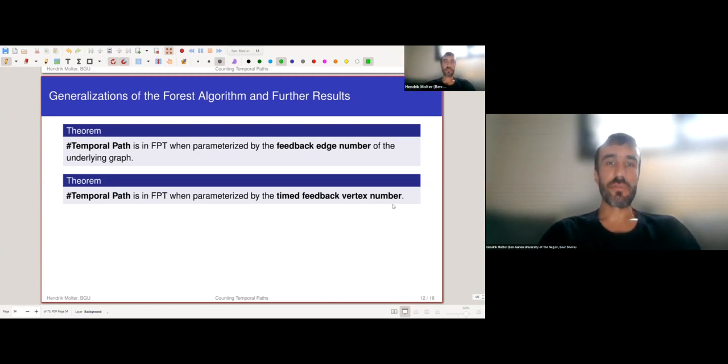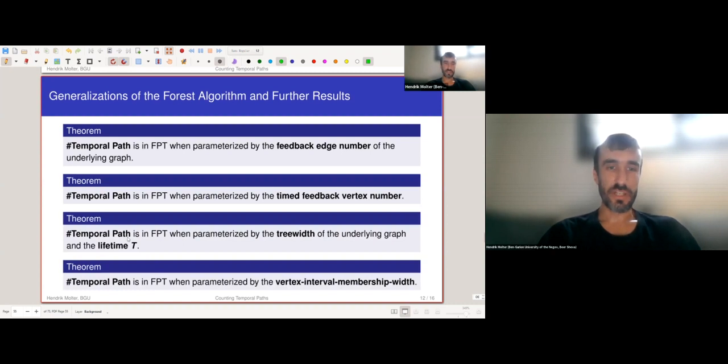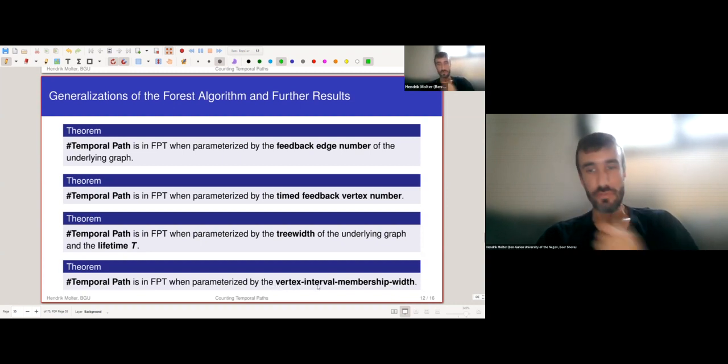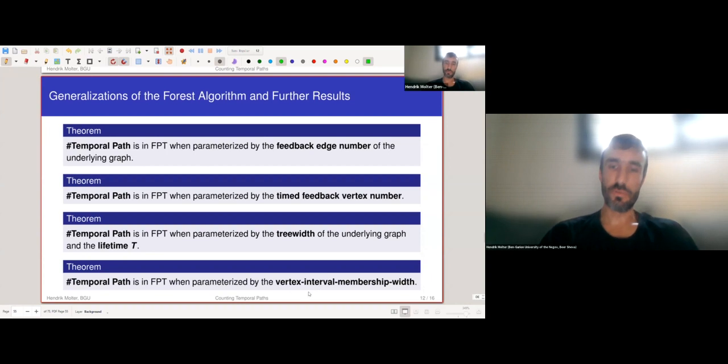Further algorithmic results that we have: we can show FPT with the tree width and the lifetime combined. This uses an MSO formulation. We heard about MSO in one of the previous talks. And then the last algorithmic result we got is that it's FPT parameterized by the so-called vertex interval membership width, but I don't really want to go into detail what that exactly means.